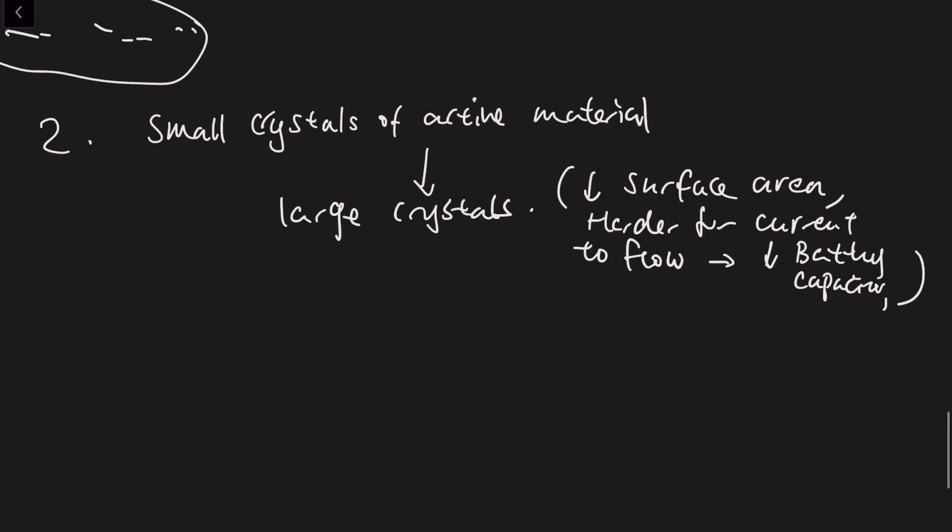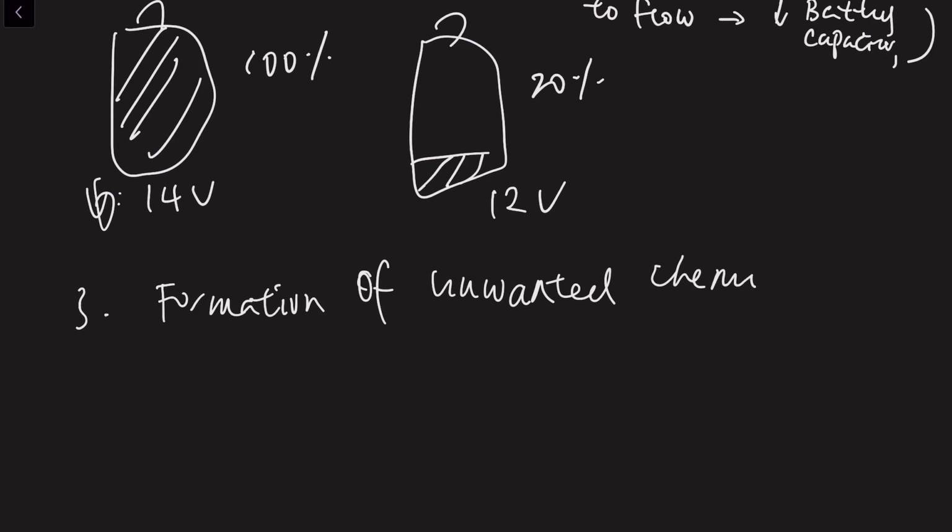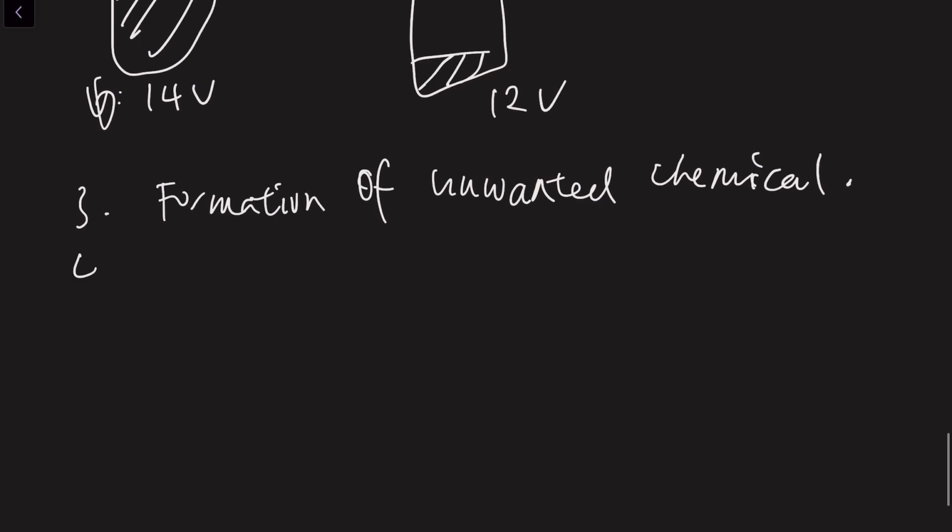Another possibility is the formation of unwanted chemicals. So it may be the case that the active material is actually converted into some other chemicals that impede the operation of cells. The fourth one is impurities in cell materials.